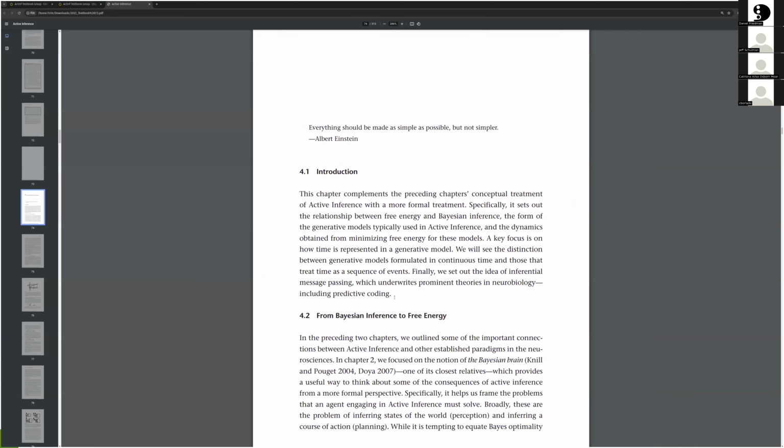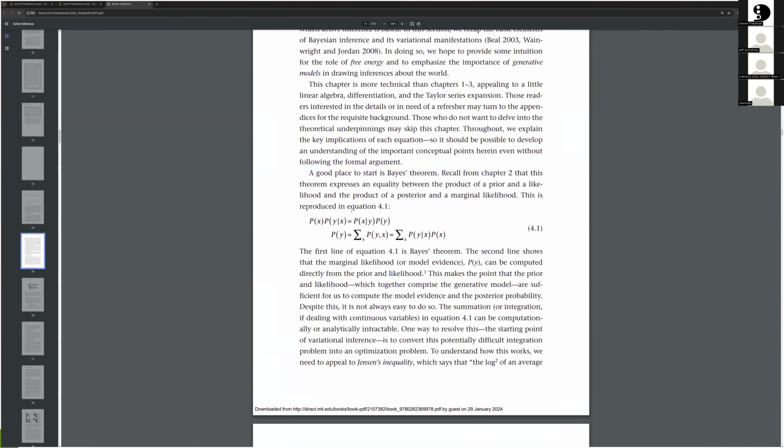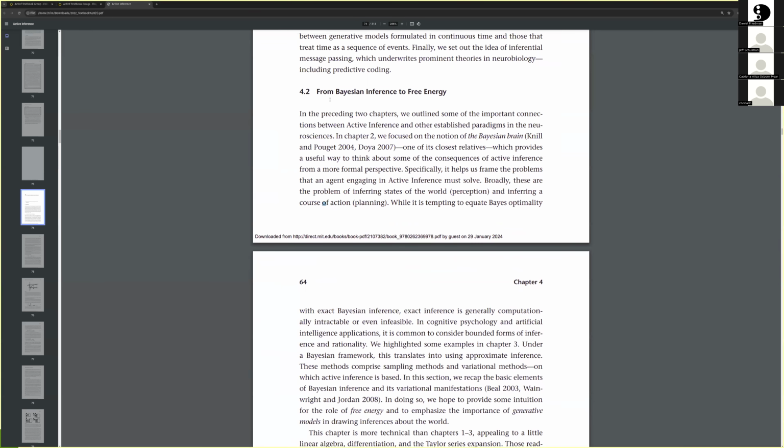4.1, a single paragraph, describes in very concise, kind of LLM-like style what the next sections are going to be. Section 4.2 goes from Bayes theorem, exact Bayes, which is exactly how you update the prior into the posterior given an observation.